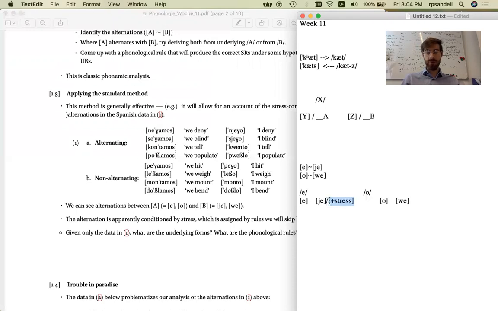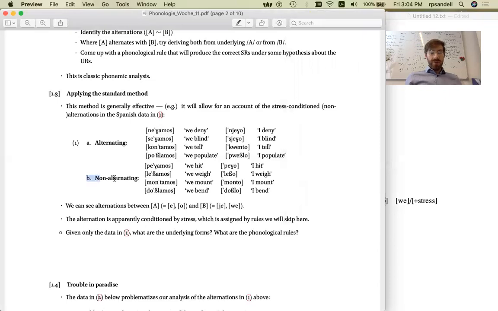So in that case, we could perhaps derive the diphthongs under the stress, or maybe the inverse analysis would be the case. We could derive the monophthong from an underlying diphthong when it's stressless. But the B cases problematize this because here, these vowels, the same monophthongs on the surface, don't appear to show this alternation.